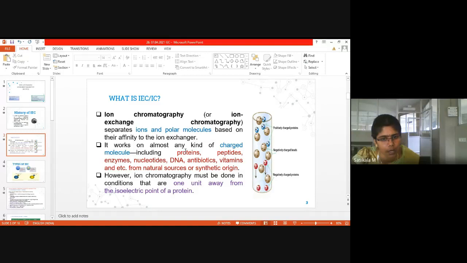These are polar molecules that easily dissolve in water and buffers. And what point should be considered for protein separation? The isoelectric point, where the net charge will be zero. That is nothing but pI, like pH and pKa.